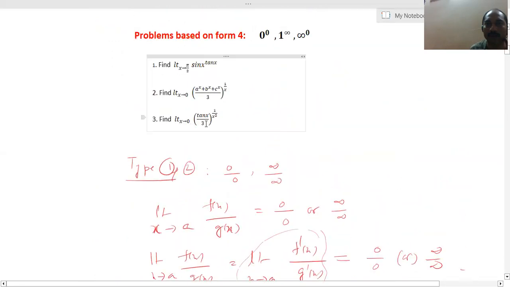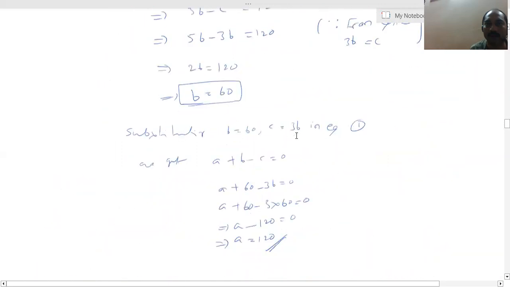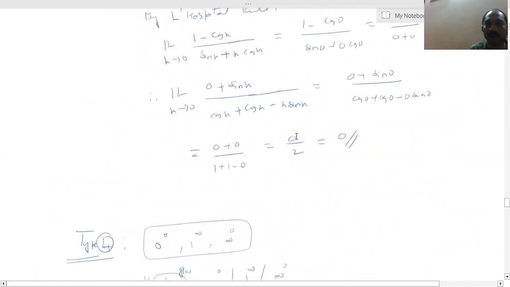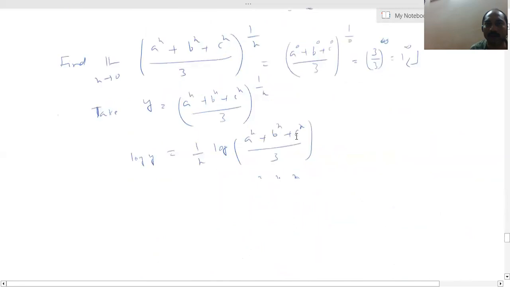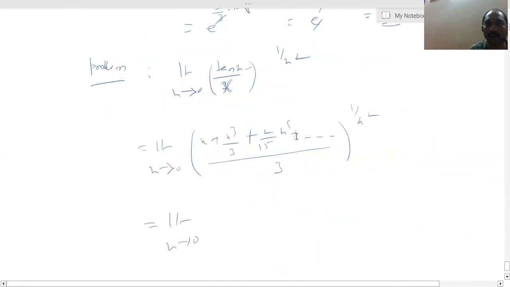Not 3x. Sorry, not 3x. So now okay, it falls into the fourth model. Otherwise, anyhow, I explain in this way.